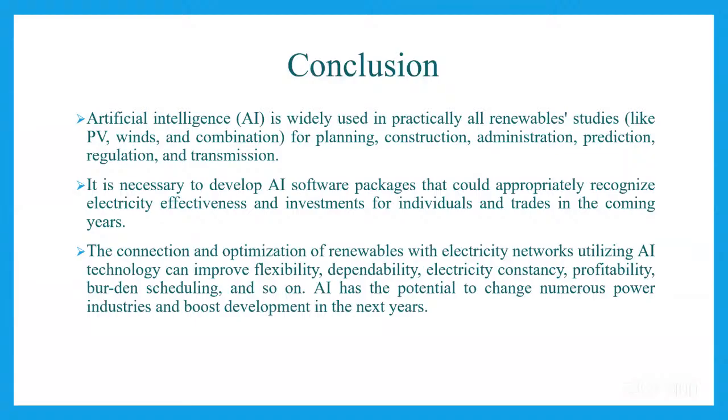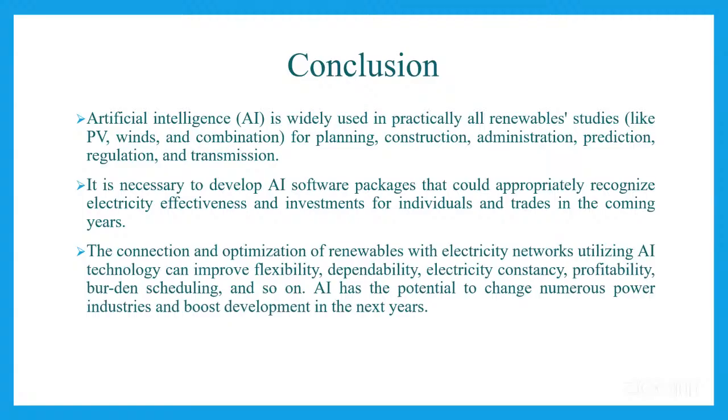Finally, AI is widely used in all renewable studies like solar PV systems, wind, and combinations for planning, construction, administrative protection, and regulation, as well as transmission. So it is necessary to develop AI software packages that could appropriately recognize electricity effectiveness and investments for individuals and trades in the coming years.